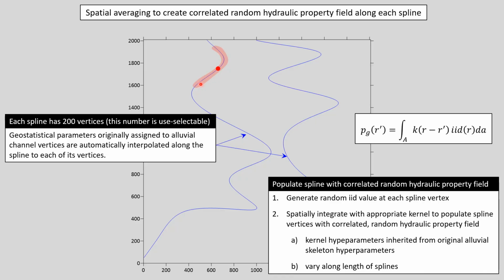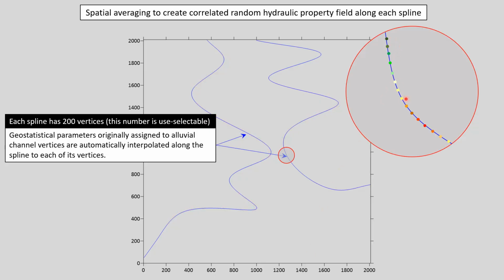The spatial integration process looks a little bit like this, here and here and here and here. After we've done this for each of these micro vertices, we end up assigning to each micro vertex a hydraulic property value. Collectively, the geostatistical description of the hydraulic property distribution along the alluvial channel is in accordance with the hyperparameters that we used in the spatial averaging kernel. So now we have hydraulic properties with the geostatistics that we want assigned to all parts of these alluvial channels.